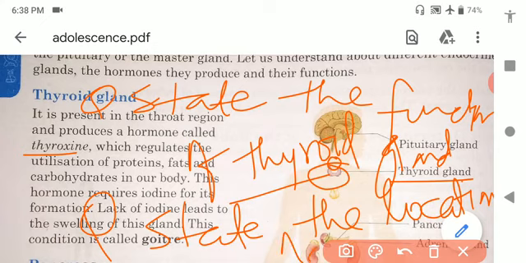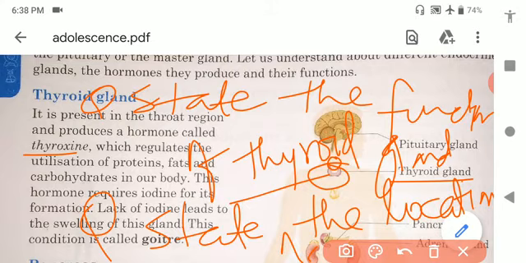Note down this question also. The location is on both sides of the larynx, looking like the wings of a butterfly. Note down this question and answer.